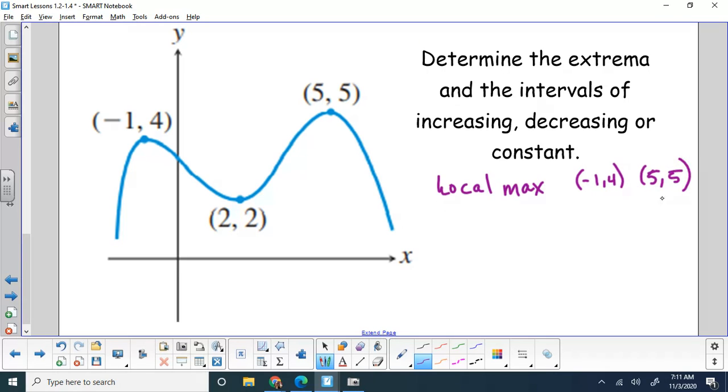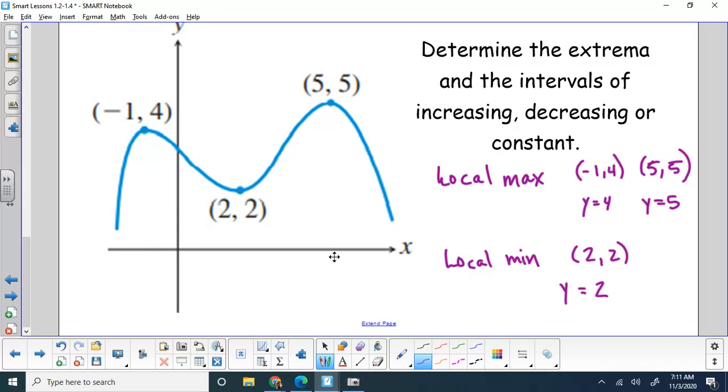Now, if I said, where is the maximum happening, you would say y equals 4 and y equals 5, because those are the two y coordinates of where the highest point is occurring. Just like we have a local maximum, sometimes the book will refer to it as a local minimum. And we only have one local minimum here. That's going to be at (2, 2). And again, sometimes they reword it and say, what is the y coordinate at that minimum? And so we'd say y equals 2.